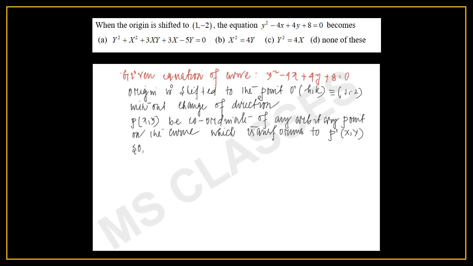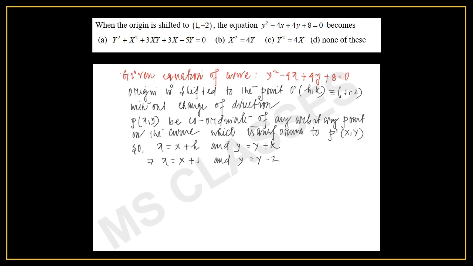So here we can say small x equals capital X plus h and small y equals capital Y plus k. Now according to the given information, small x equals capital X plus 1 and small y equals capital Y minus 2. Now we will replace x comma y by these values in the given equation.